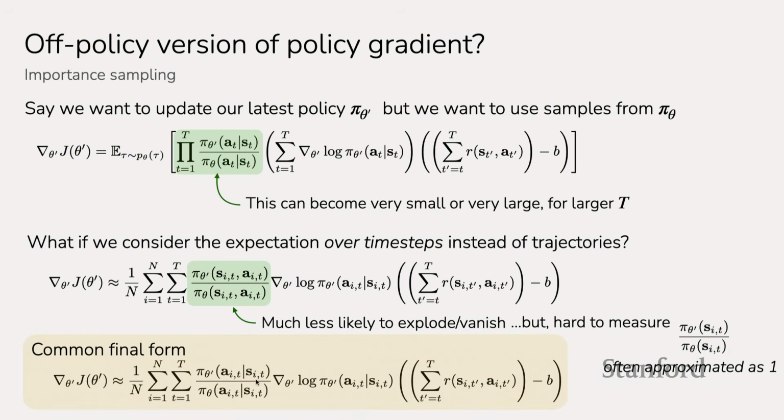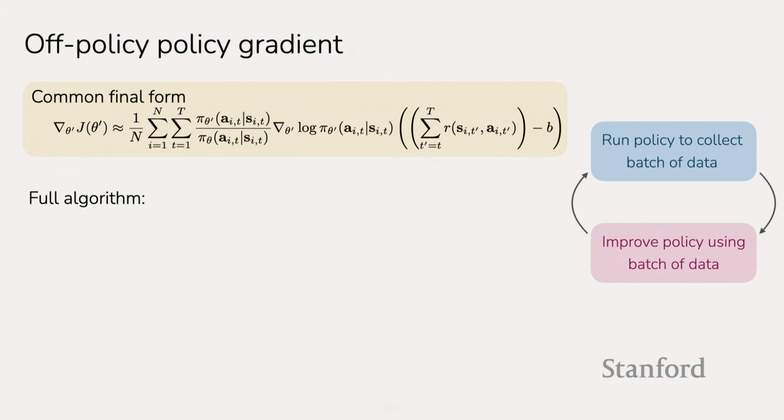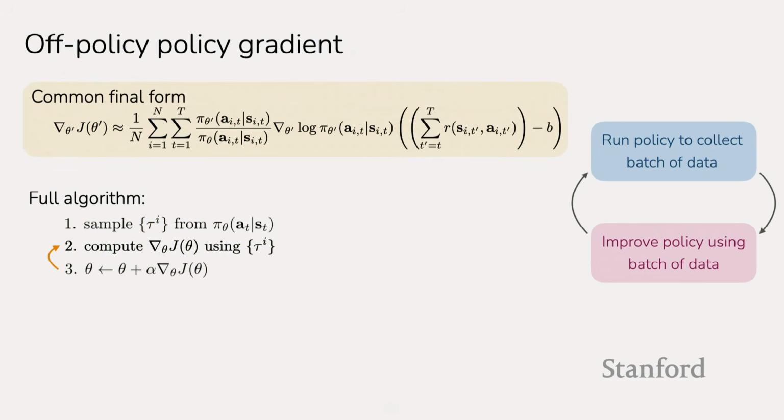And then we get some final form where we have this ratio of new policy over old policy. Cool. The full algorithm looks the same, except now we can take multiple gradient steps on the same batch. This is good. And then we have this new form for our gradient.